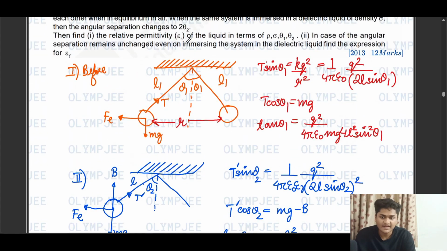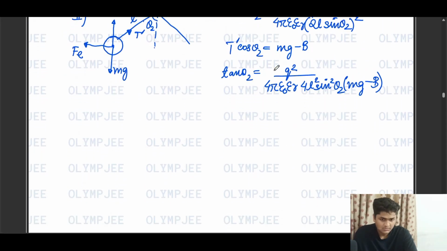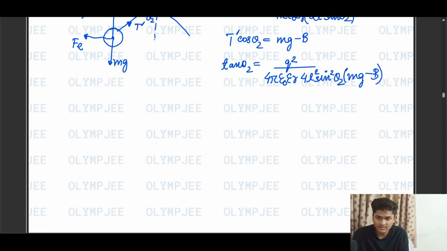So now we need to find out the relative permittivity in terms of sigma, rho, theta 1, theta 2. So we can find out that tan theta 1 by tan theta 2 will be given as, we are basically eliminating the common terms q, L, since we do not need those in our calculation.